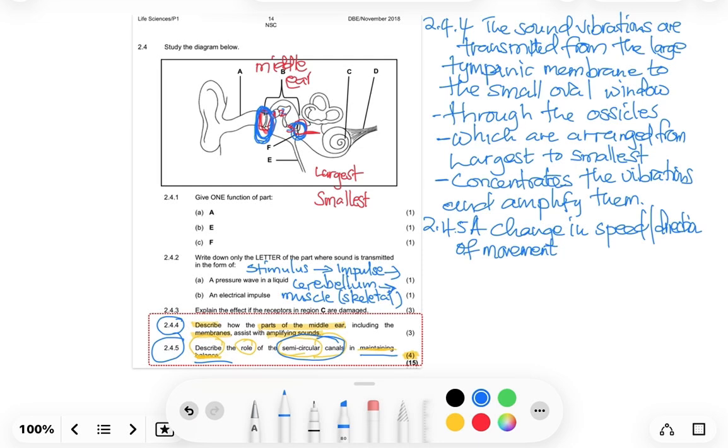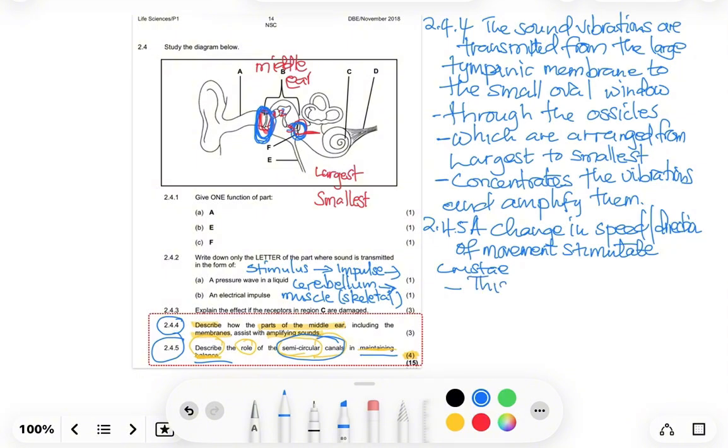So we are going to say a change in speed or direction of movement stimulates cristae. There are many. These cristae are found in the semicircular canals. When the cristae are stimulated, they convert the stimulus into an impulse.